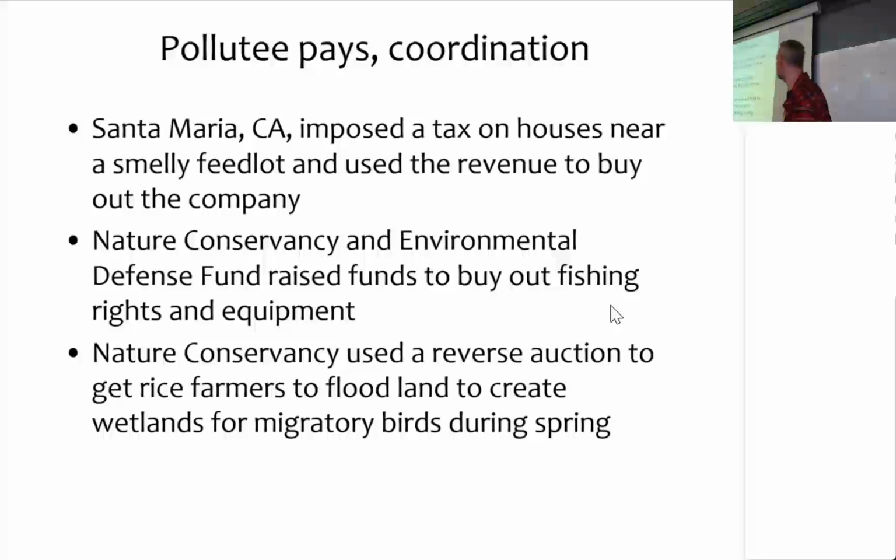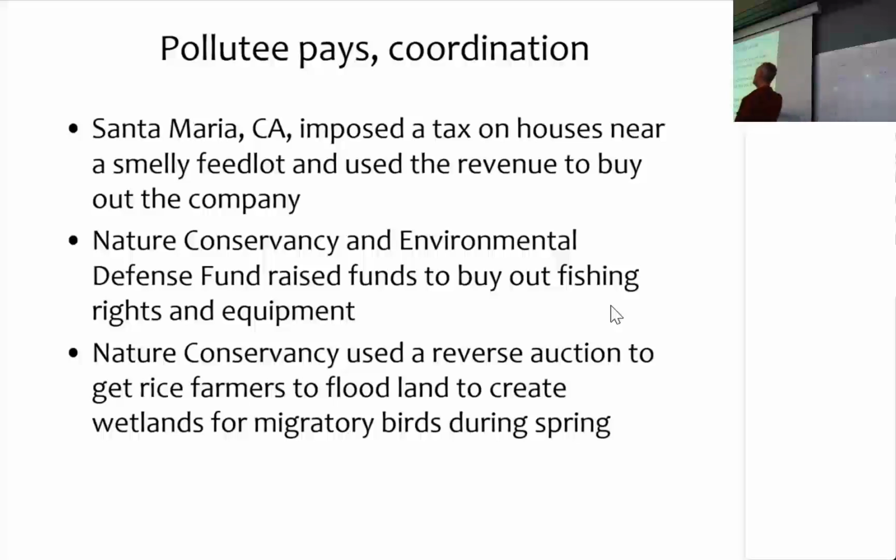In other cases, coordination was solved by the municipality, the Nature Conservancy, and Environmental Defense Fund, but mostly the Nature Conservancy, which can also solve these coordination problems. So the Coase theorem strictly is between one polluter and one pollutee, right? And then you can say, well, we can negotiate, right? And the transaction costs are low.